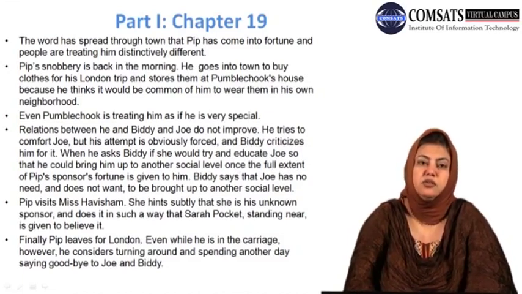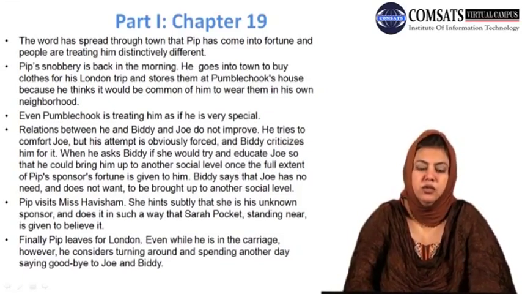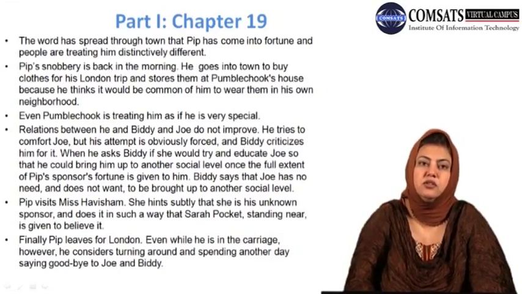So the good and the evil, the true nature of Pip and the artificial behavior that he has adopted, we can see a push and pull force working between the two. Sometimes his own selfishness, his own snobbishness overcomes him, it takes over.